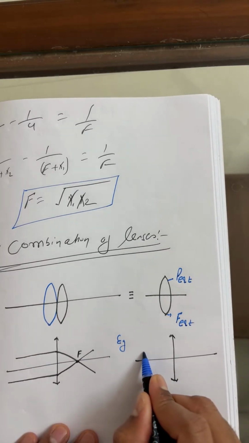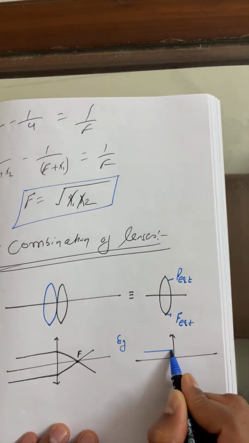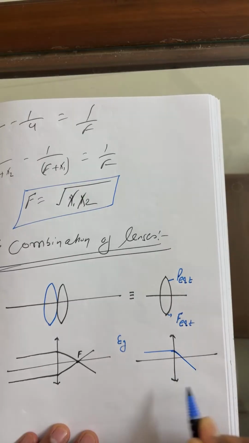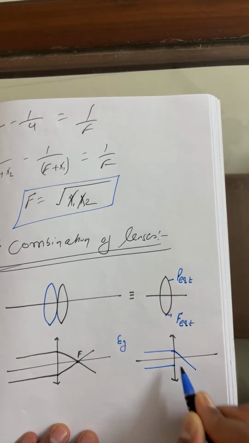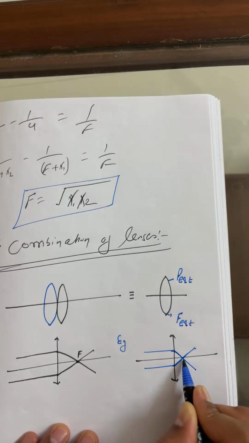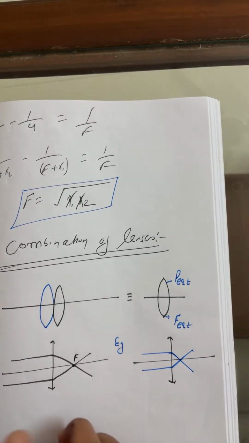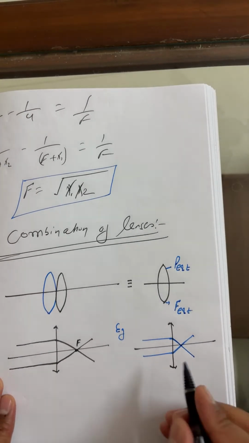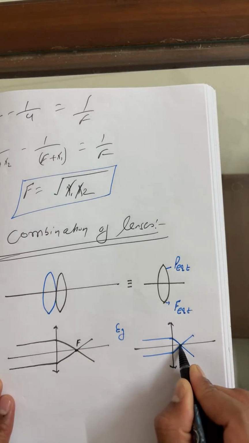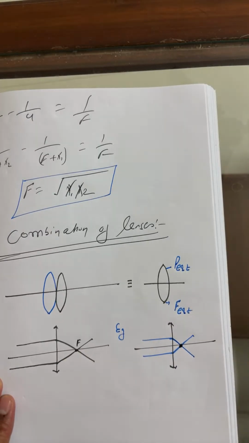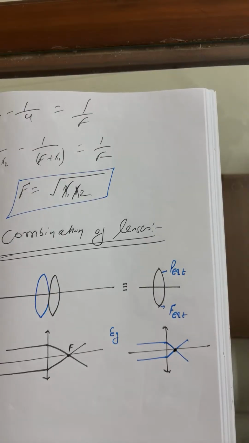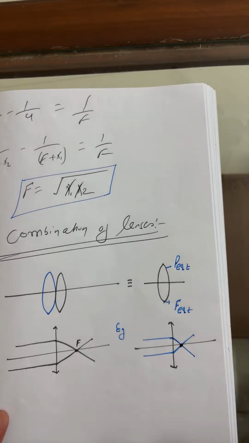Student, another example you can take here for the lenses. Okay, this is the formation of focus here only. You could easily say, sir, in this illustration, focal length is less here, beta. So how can we define power?